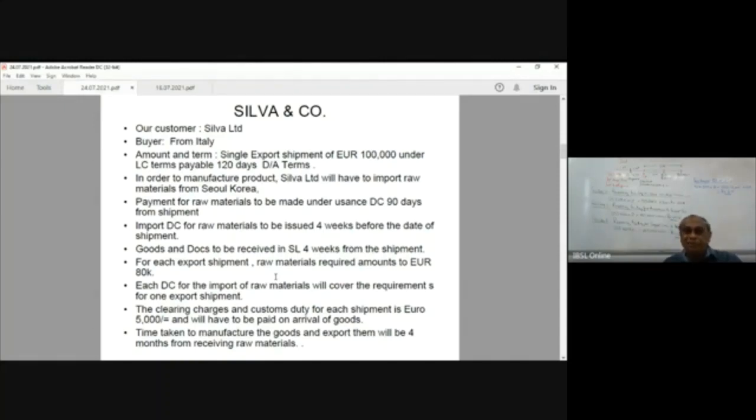Amount and term: single export shipment of euro 100,000 under LC terms, payable 120 days DA.